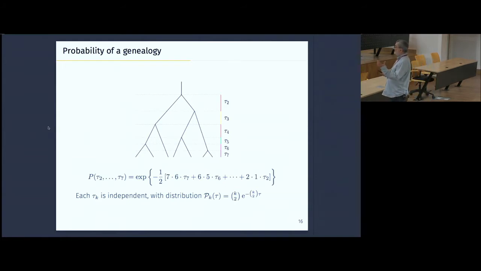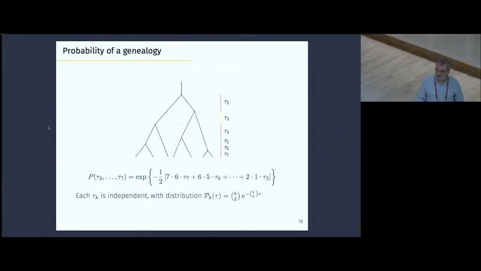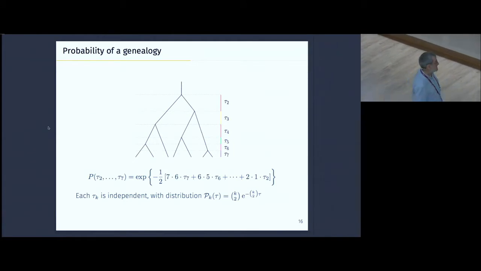So we are given this collection of times, and we ask, what is the probability that the genealogy has this distribution of coalescence times? Well, it's given by this pi. You simply have to multiply this pi. So you have a pi 2 of tau 2, then pi 3 of tau 3, and so on and so forth.